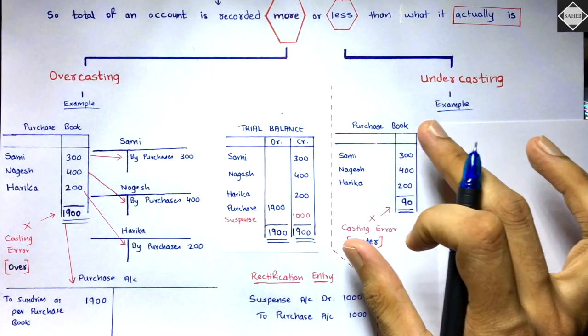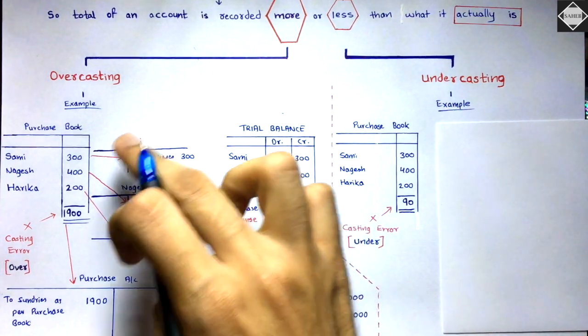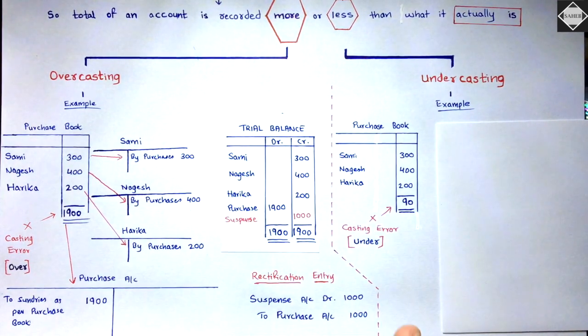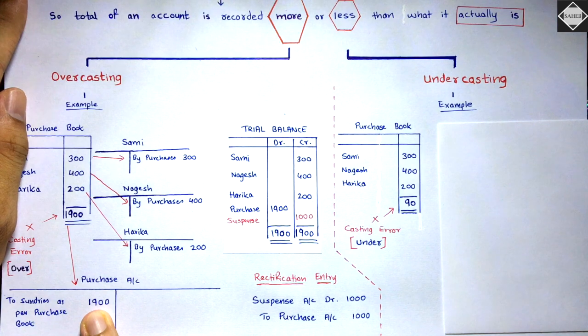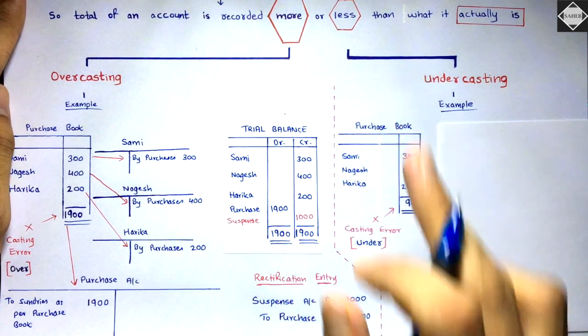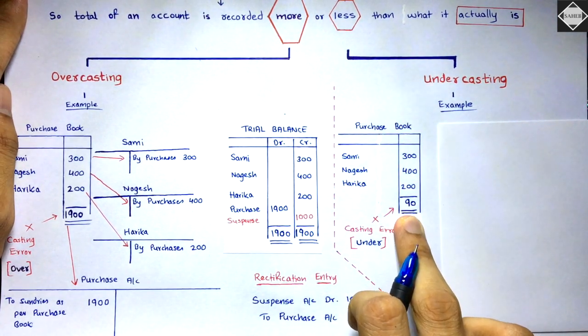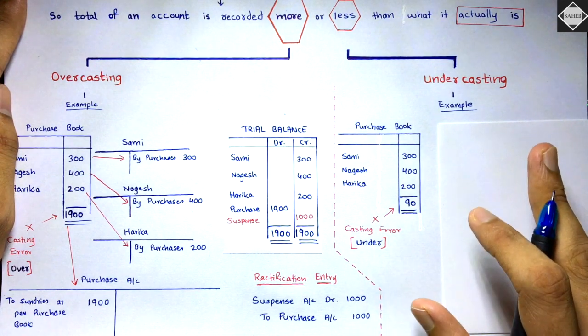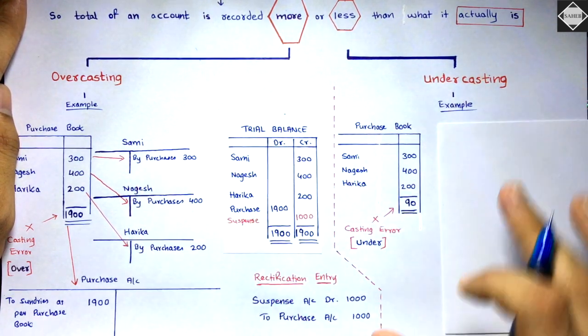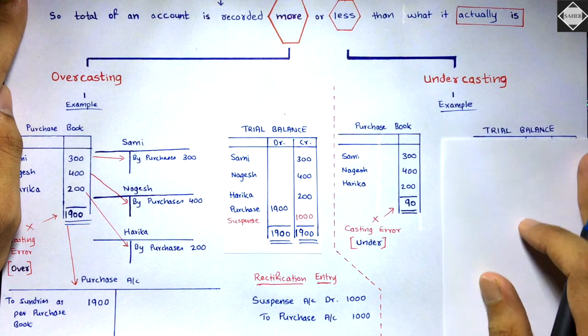Now what will be the effect in the ledger accounts? The same thing will happen, but in the purchase account only 90 will go. I did not have the space over here, so I have not drawn up the ledger accounts. Directly we have the trial balance.